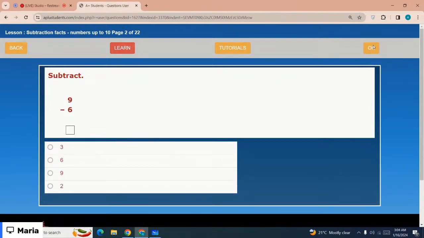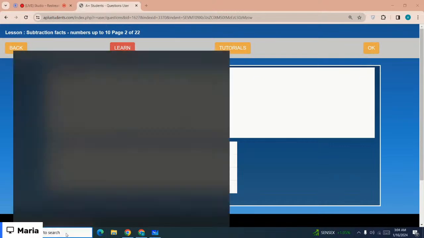The next one is 9 take away 6. How do we subtract 9 take away 6? You have so many ways to subtract. You can make lines, or you can count from the smaller number to the greater number.